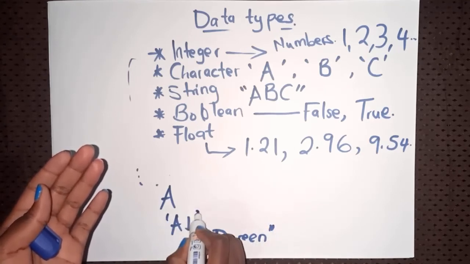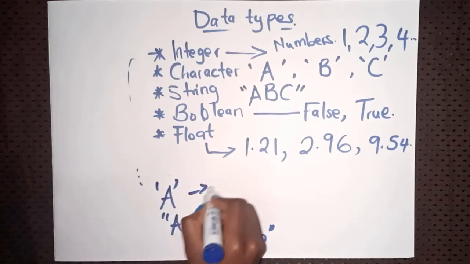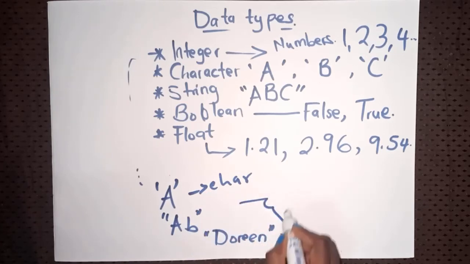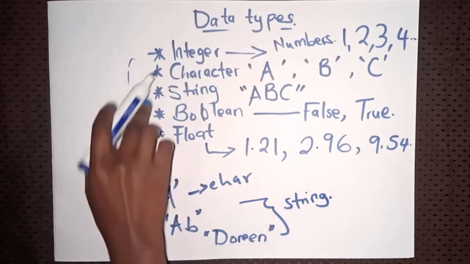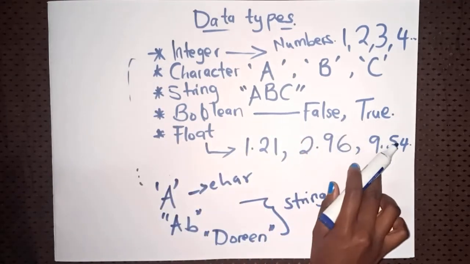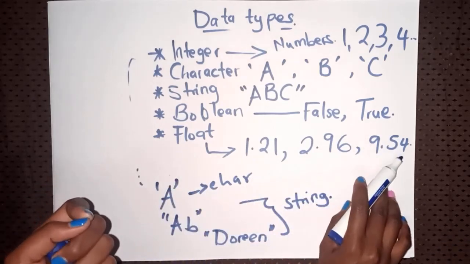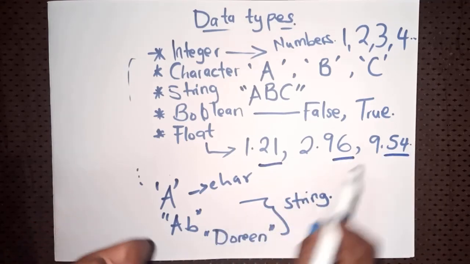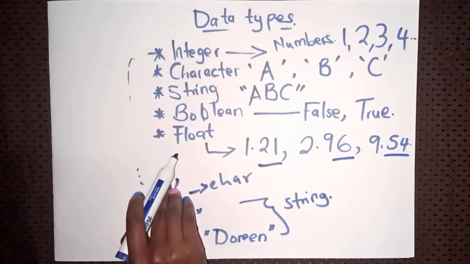This is a string, and this is a character. Boolean: false, true, true, false. That's it. Floats have decimal points. Whenever you expect an answer to have decimal points, you can declare a float.